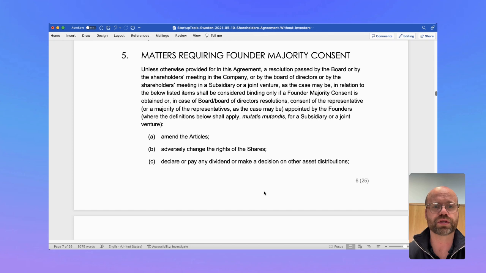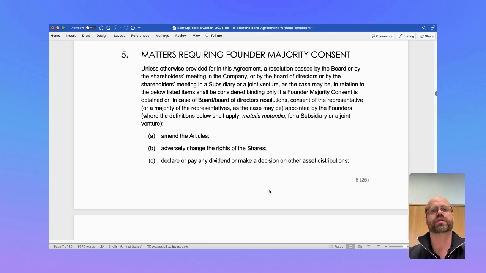There is also a section here about something called founder majority, and that is actually defined further up in the agreement. So some decisions in this company are not to be taken, for instance, in a general meeting, unless there is a founder majority behind those decisions.